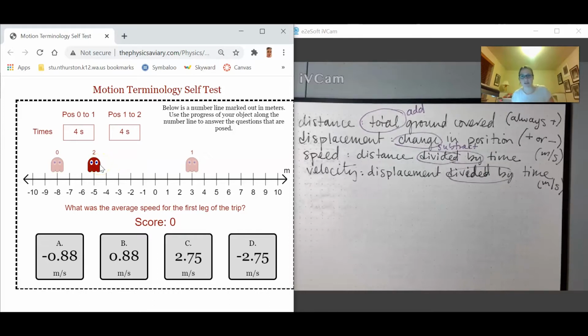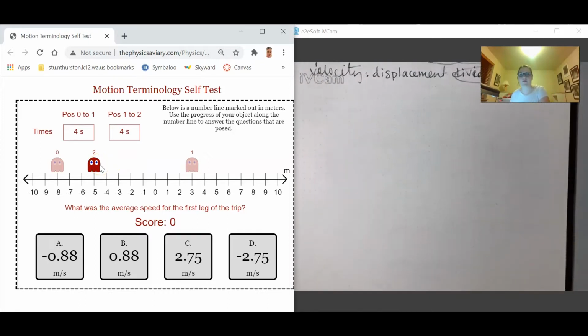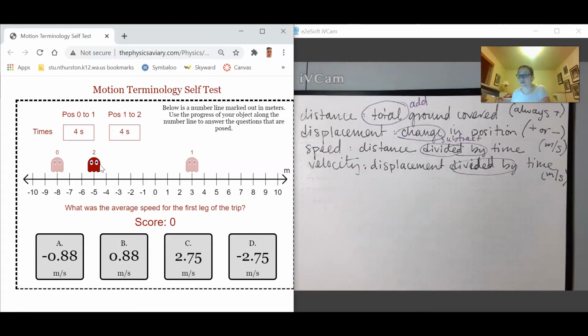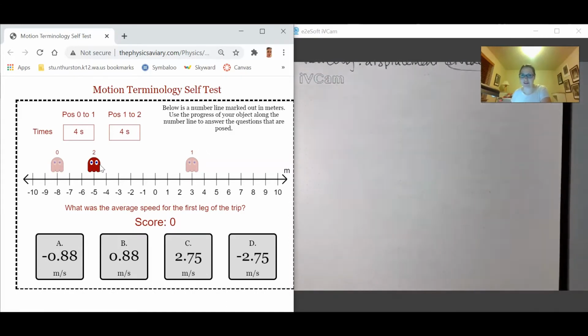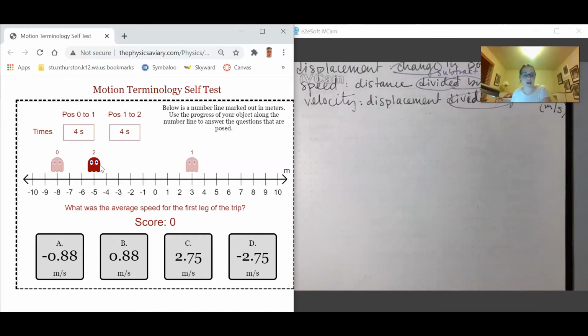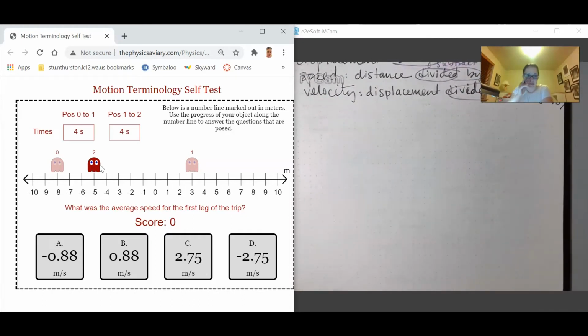So now we're just going to dig into the problems, and I'm going to write out my work. If you haven't written this down, rewind, pause, write it down, because I'm just going to slide my page so I can have room to write everything. Okay, so what is the average speed for the first leg of the trip? Here's my question. What is the average speed for the first leg of the trip?